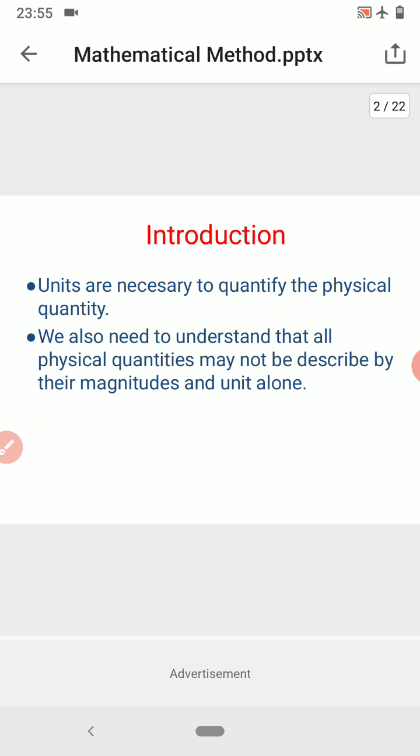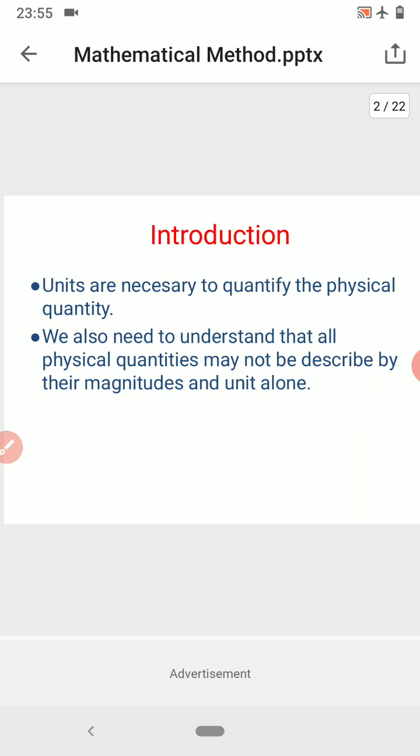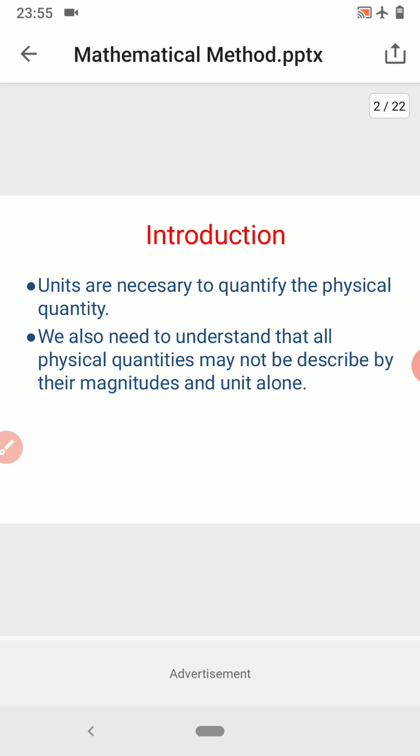For example, if you are given the time for which a man has walked with a certain speed, you can find the distance traveled by the man, but you cannot find where exactly the man has reached unless you know the direction in which the man has walked. That means you require the direction for its exact location.